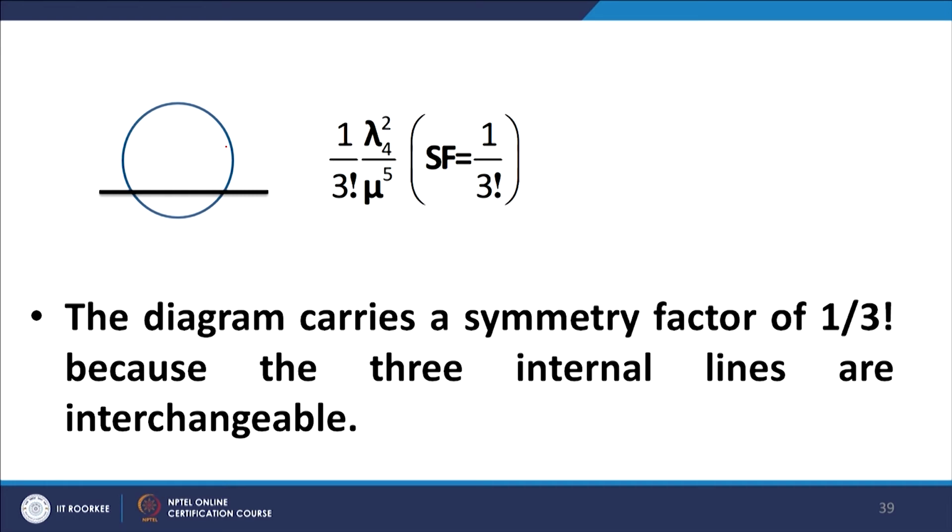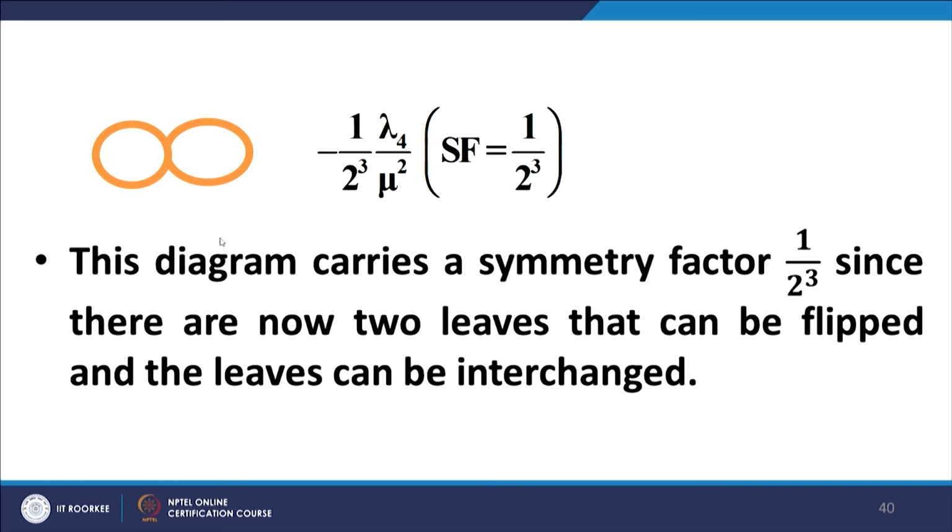So, we have 1 upon mu to the power 5, and clearly these 3 lines can be interchanged without disturbing the diagram. Lines 1, 2 and 3 can be interchanged without changing the diagram, and therefore, we have a symmetry factor of 1 upon 3 factorial.